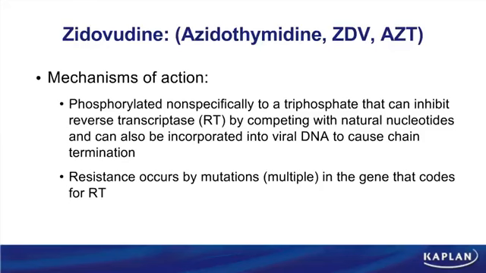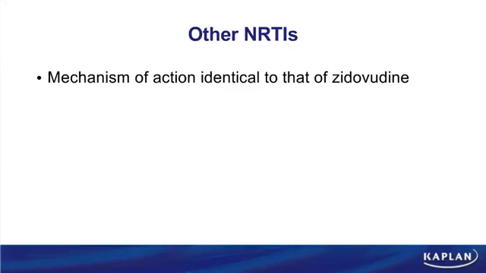We've reviewed the mechanism, which is you have to add 3 phosphates in order to activate this drug. In the end, if you incorporate zidovudine triphosphate into the growing chain, you get chain termination. Resistance to zidovudine occurs by mutations in the gene that codes for this enzyme. When it comes to the other NRTIs, their mechanism is identical to that of zidovudine.